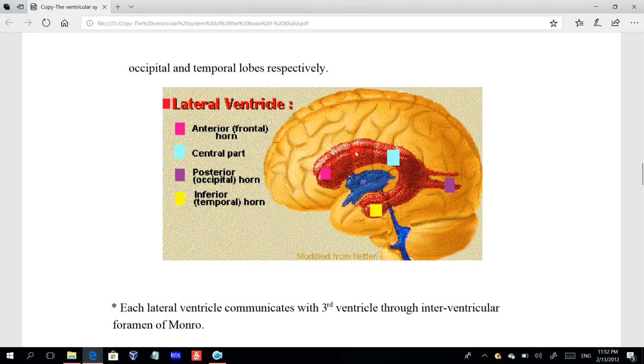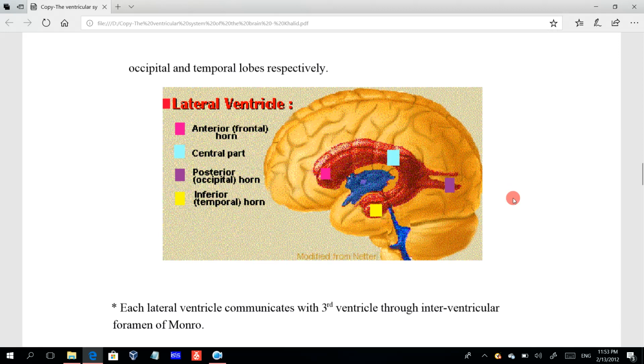So the largest ventricle of the ventricular system is the lateral ventricle, composed of a central part called the body, within the parietal lobe, the frontal or anterior horn, the posterior occipital horn, and the inferior temporal horn. So this is the lateral ventricle.